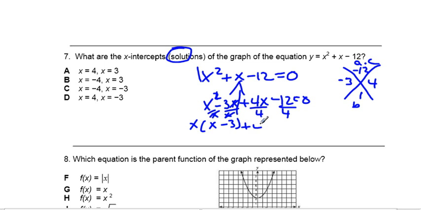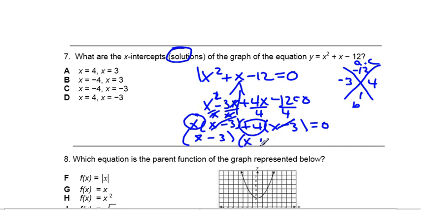When I say take out, I just mean factor it out. GCF minus 3. So my factors are x minus 3 and what's left? x plus 4. Now set your factors equal to 0.